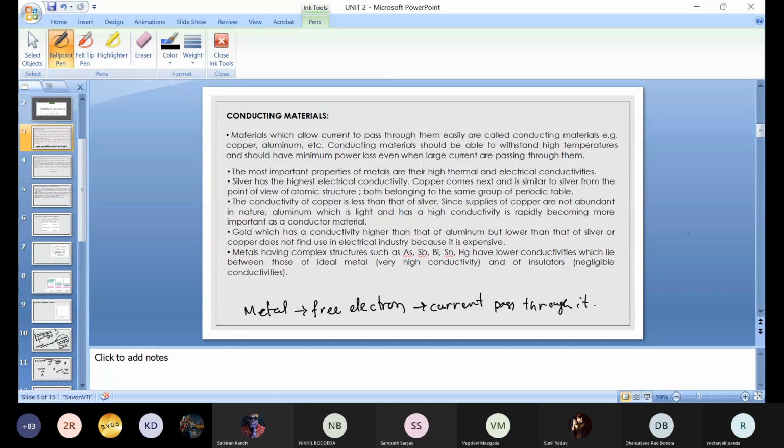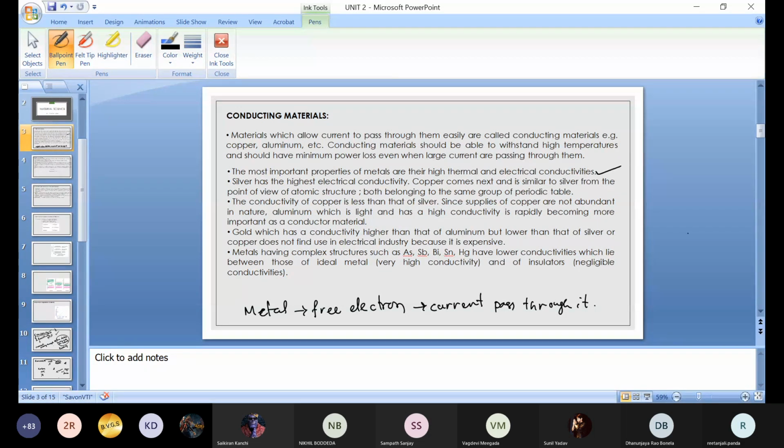This is the most important property from the point of view of electrical application, and we expect this conductivity in the material even at higher temperatures. At high temperatures it should be a good conductor of heat and electricity.